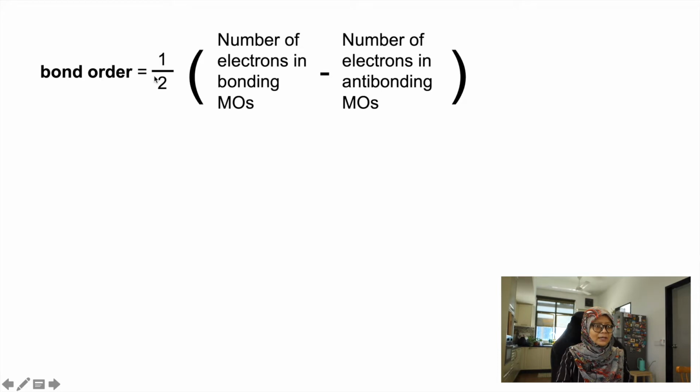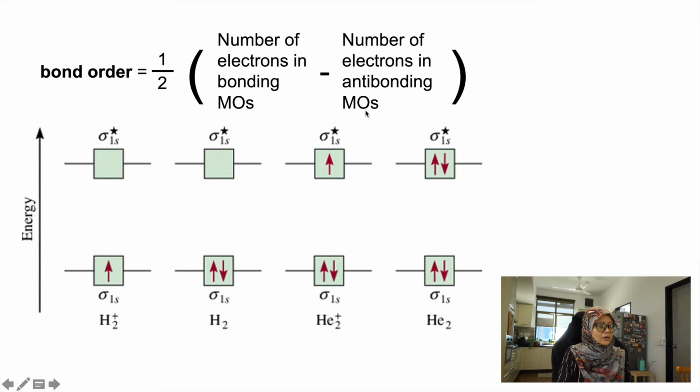The formula is equal to half times the number of electrons in bonding MOs minus the number of electrons in anti-bonding MOs.